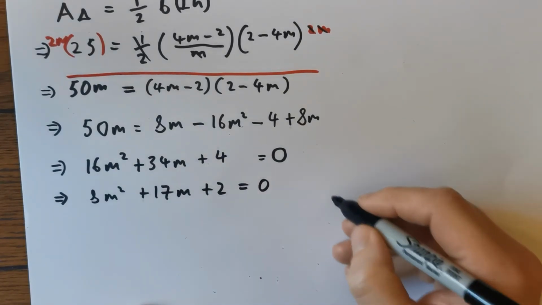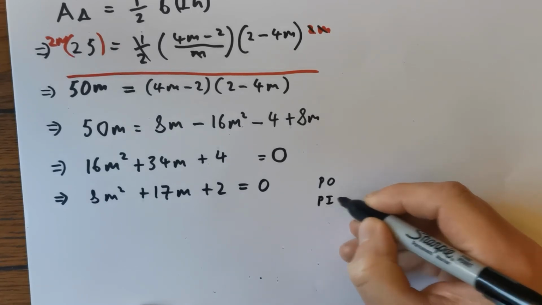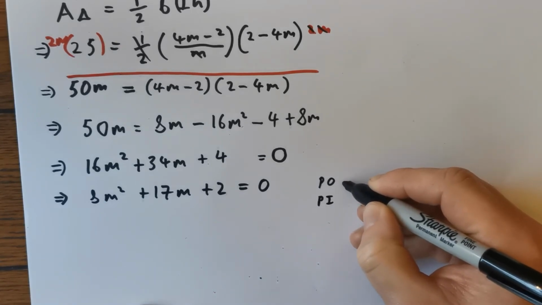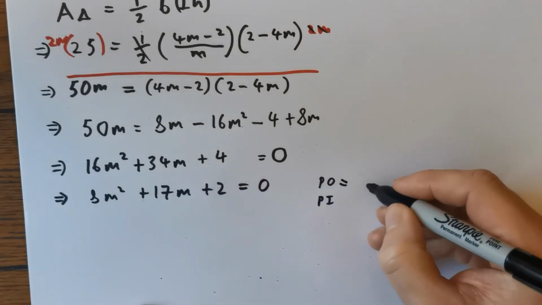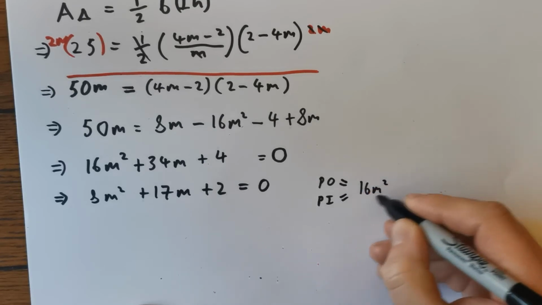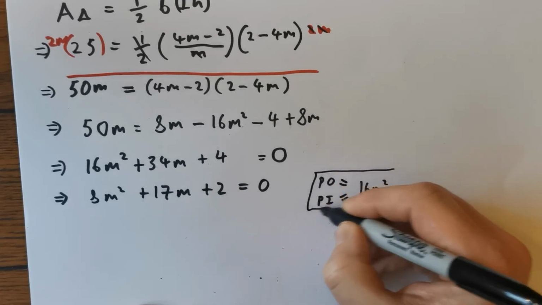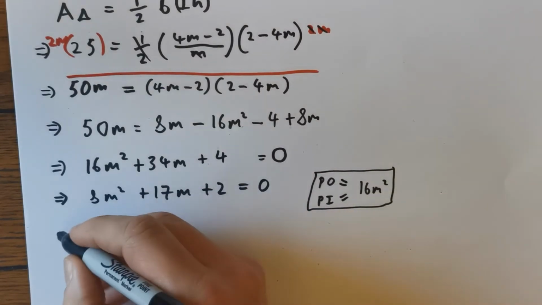Solving a quadratic equation. Remember, the product of the outer terms has to be equal to the product of the inner terms. We know the product of the outer terms is 8m squared times 2, which is 16m squared. So the product of the inner terms has to be also 16m squared, but they have to combine to give me 17m.